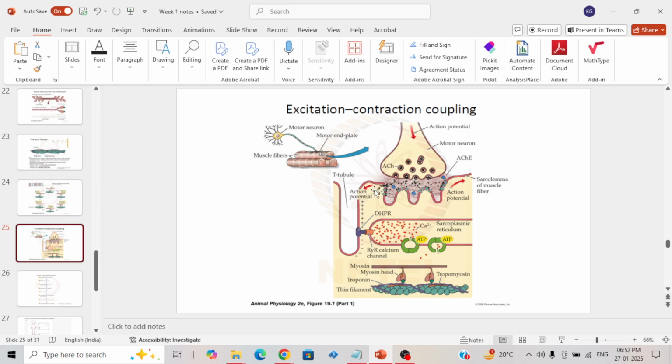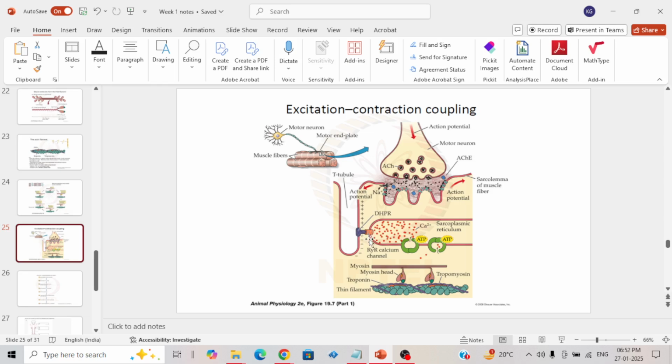So what happens is this action potential further travels in the T tubules. In the T tubule are present the voltage gated calcium channels, which are also called DHPRs, dihydropyridine receptors. When the action potential reaches these receptors, these voltage gated calcium channels open.